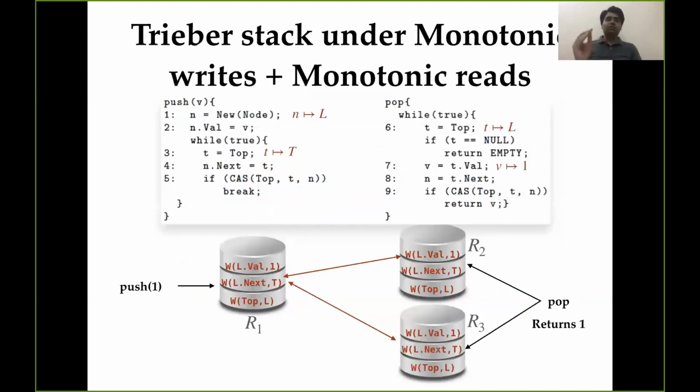So under a combination of monotonic reads and monotonic writes, since the pop invocation sees all the writes of replica R1 in replica R2, it will continue to see those writes when the control transfers from R2 to R3, thereby ensuring that pop actually reads the correct value 1 and preserves the ADRAM specification.